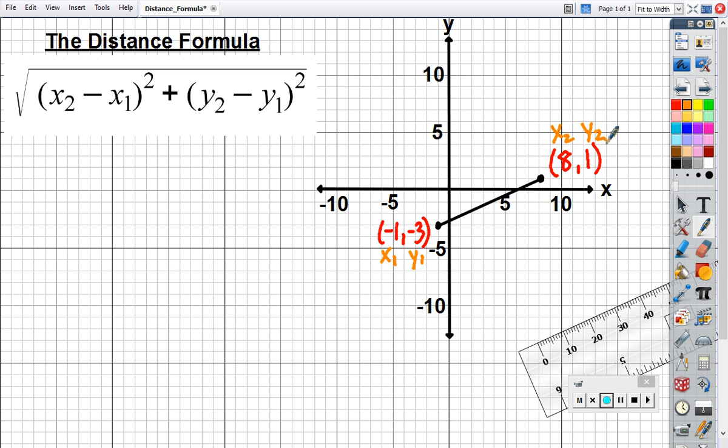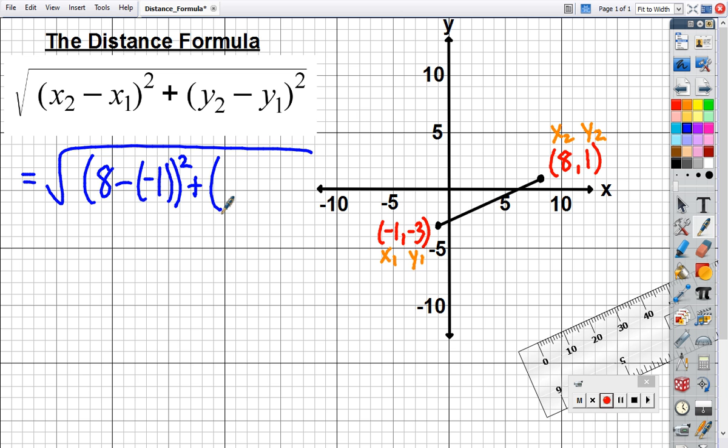Now I'm ready to plug into the distance formula: x2 minus x1, squared, plus y2 minus y1, squared.